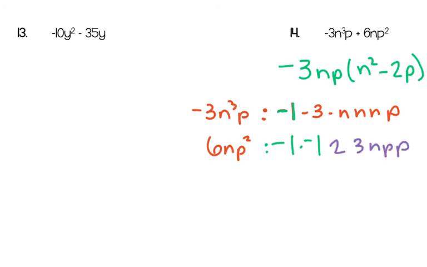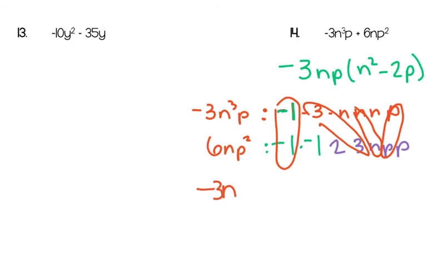Then I'm going to look for common factors. I have a negative 1, I have n, and p. So negative n, oh, I forgot the 3. Negative 3np times, and then we're going to look and see what we have left. We have n times n. Now, the next one you have to be careful of, because you're not going to just take this sign.